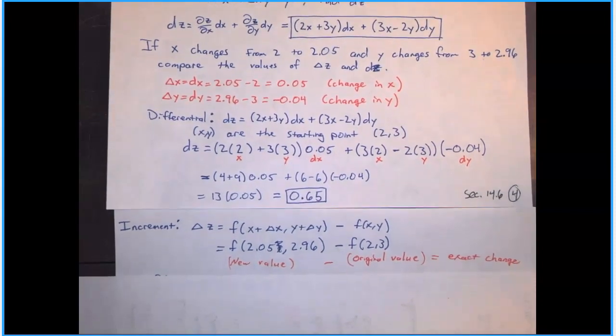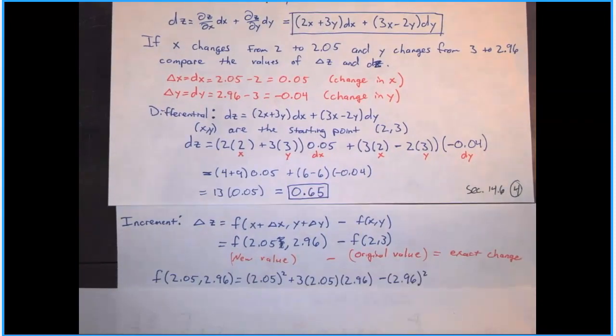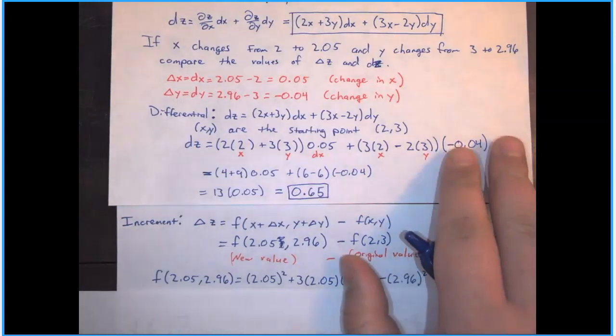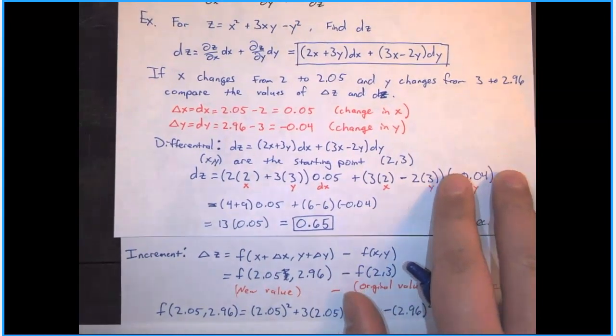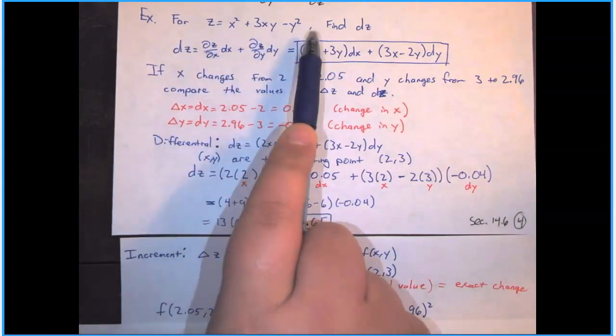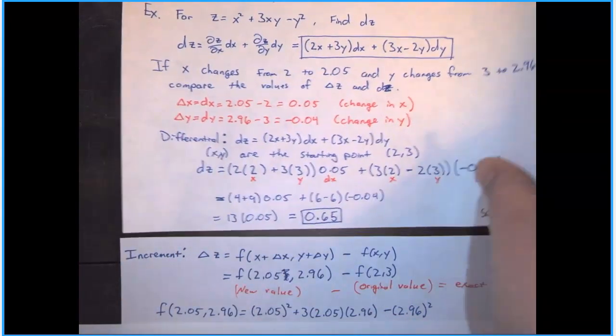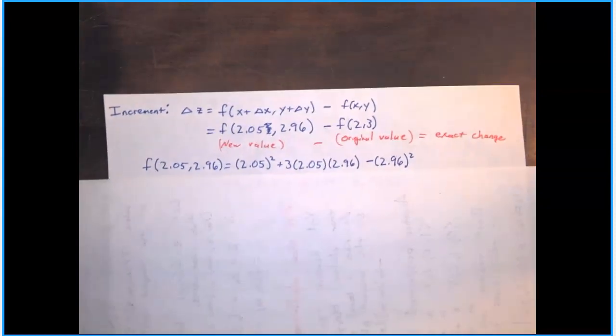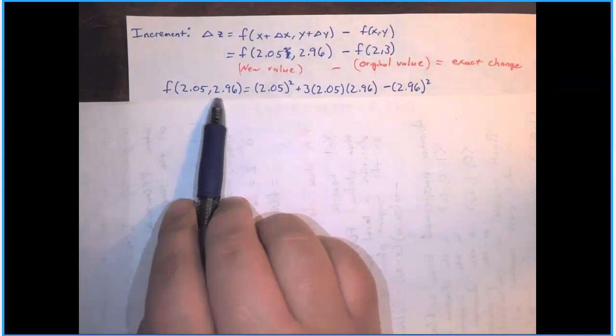Okay, so let's do these two function values independently. Before I take this sheet away, let's just remind ourselves that our function was x squared plus 3xy minus y squared. And now let's get rid of that. Okay, so now I want to find f of 2.05, 2.96.